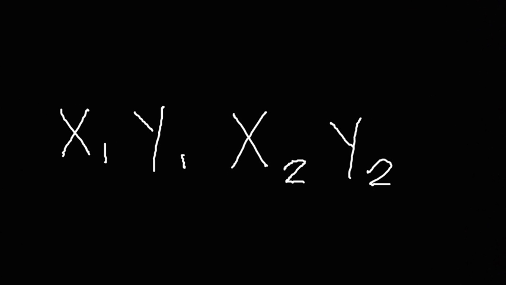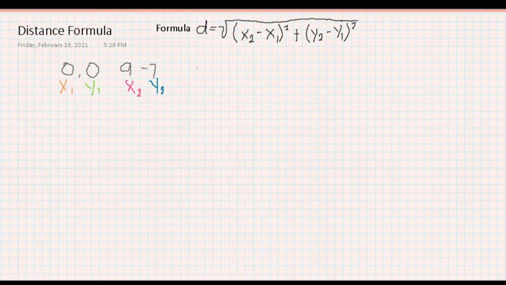So now we will label it x sub 1, y sub 1, and x sub 2, and y sub 2. Our x sub 1 is equal to 0. Our y sub 1 is also equal to 0. Our x sub 2 is equal to 9. And our y sub 2 is equal to negative 7.